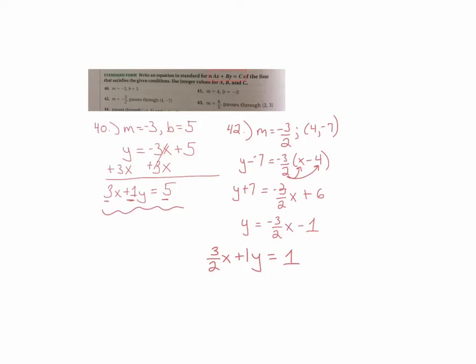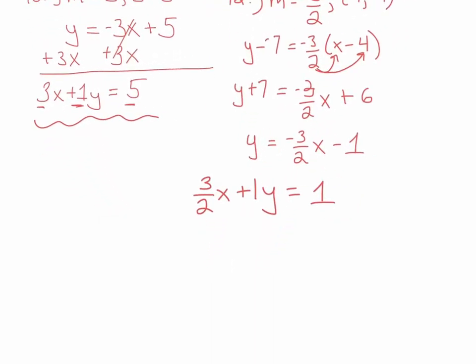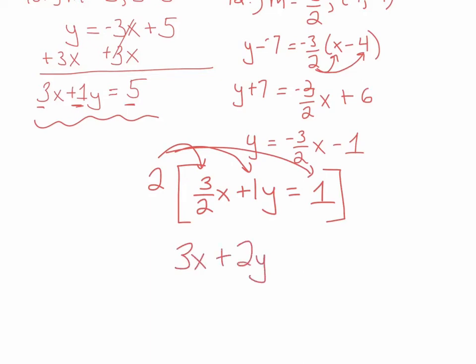Well, let's review our LCD method. If I want to get rid of the fractions in the problem, I can actually multiply the entire problem by 2. So what we'll get is 3x plus 2y equals 2.